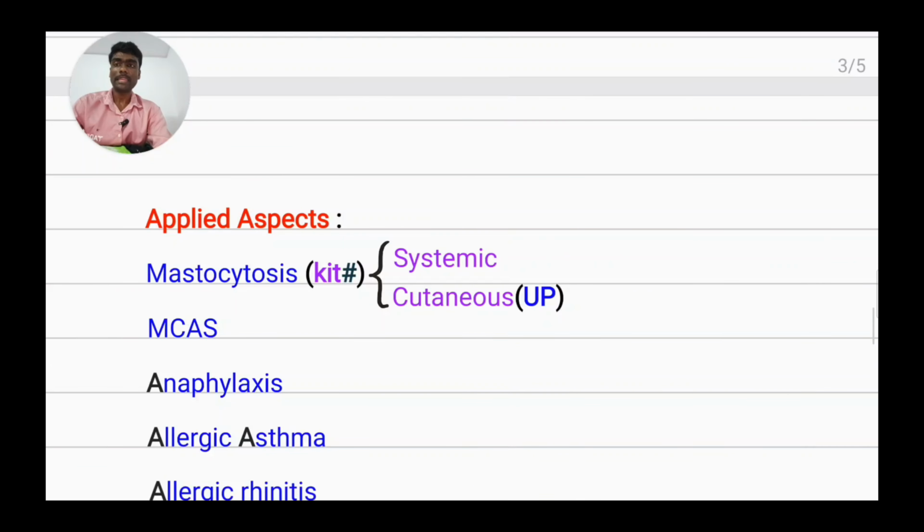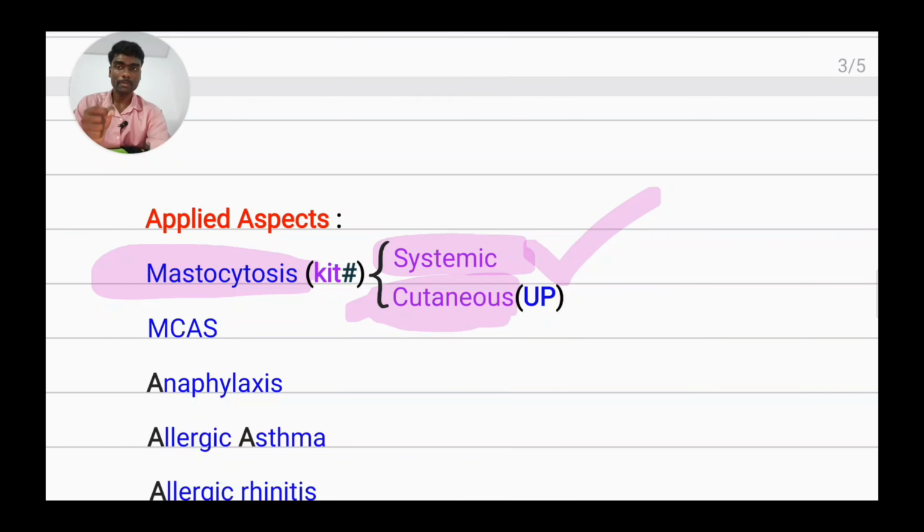Coming to applied aspects. I have asked you a question in the beginning. What do we call that abnormal condition where granulated mast cells will be seen in blood and bone marrow? That is nothing but systemic mastocytosis, which means abnormal mast cells accumulating in any of the internal organs. We will call it systemic mastocytosis. If they get accumulated only in the skin, it is called cutaneous mastocytosis.